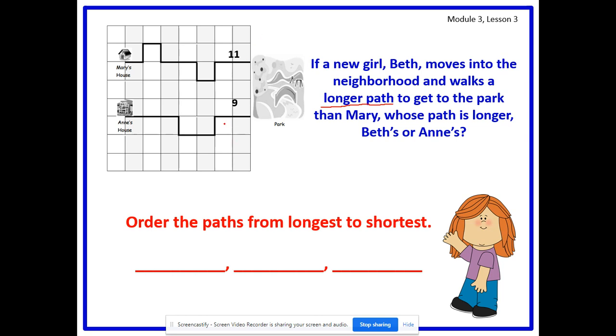Now, let's order these paths from longest to shortest. Ready? First, since we're going from longest to shortest, we had said our longest path would be Beth because it's longer than Mary's. Then, who would be the next longest? Look at the map. Mary or Anne's? Get ready.